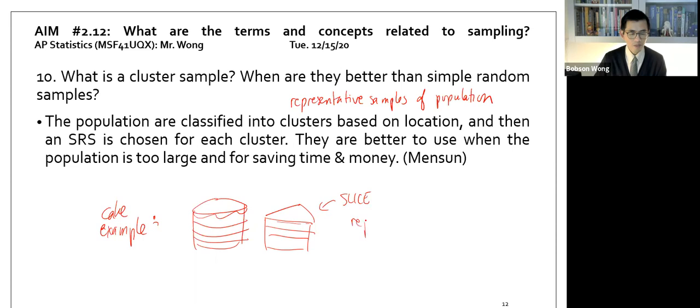A slice represents the entire cake because it has all the different layers in there. It has the frosting, it has the crust, it has the top, it has the middle, it has the bottom layer, all in one piece. So I don't have to go around and pick this part of the cake and that part of the cake. I just take one slice and I eat it. And it's all together, so I don't have to go all over the place. So that's what makes cluster samples easier to do if we can get a good cluster.